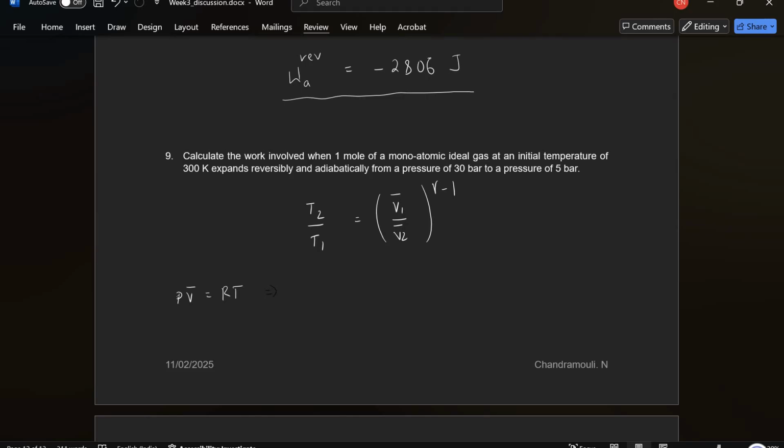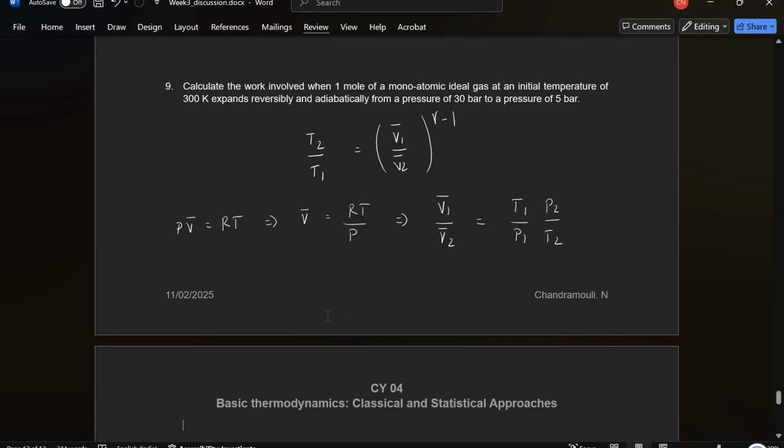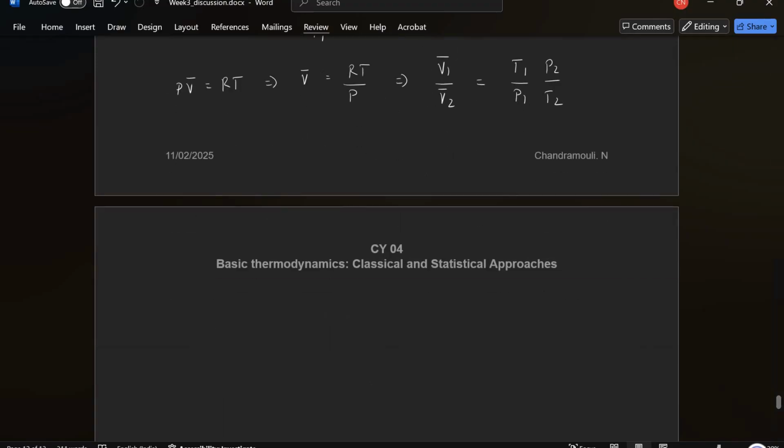This implies V bar is equal to T by P, which implies V1 bar by V2 bar is going to be equal to T1 by P1 into P2 by T2. All right, somebody is here.